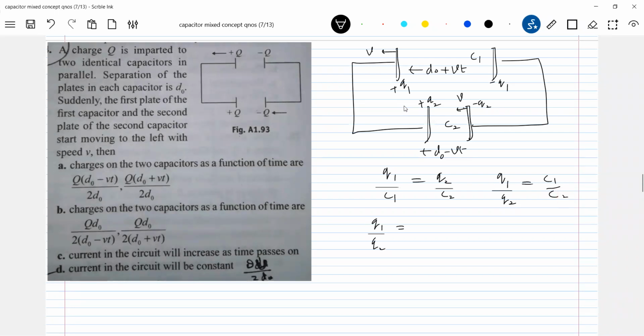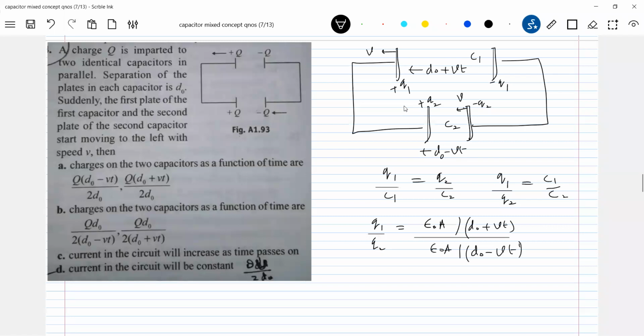C1 will be equal to epsilon naught A by D naught plus Vt. C2 is epsilon naught A. Just a very simple problem. No need to bother with all that conceptual thinking. So this is the expression.